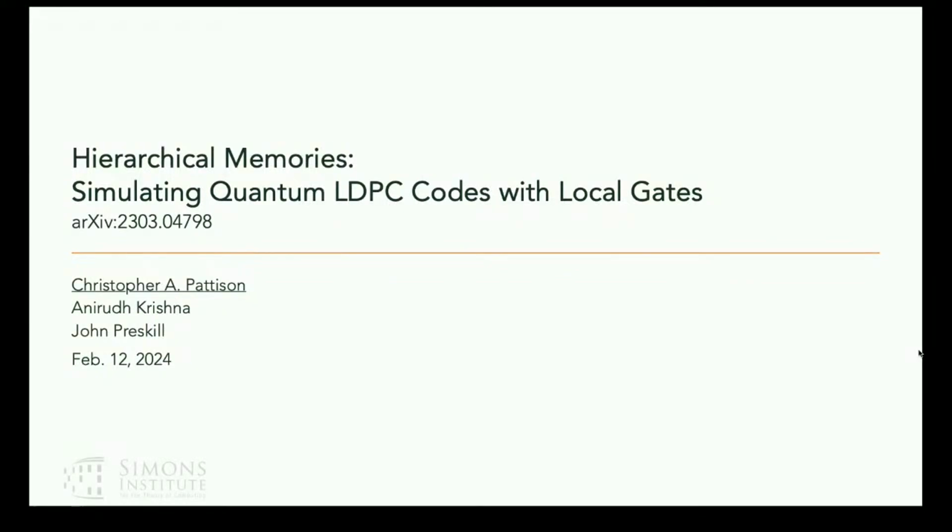This is joint work with Ani Krishna and John Preskill. We heard earlier today about how we have the BPT bound. We can also construct memories that saturate the BPT bound in 2 dimensions and 3 dimensions and so on.